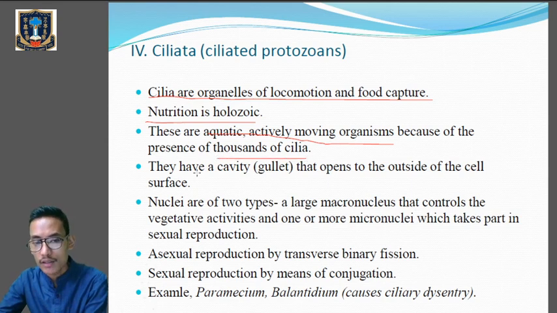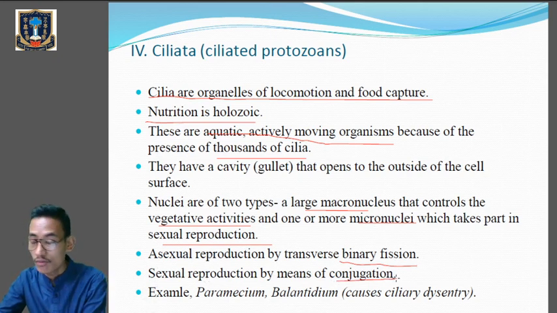They have a gullet that opens to the outside of the cell surface. There are two types of nuclei. One is the large macronucleus, which controls the vegetative activity, and the micronuclei, which may be one or more, take part in sexual reproduction. Asexual reproduction takes place by means of binary fission, and sexual reproduction by means of conjugation.